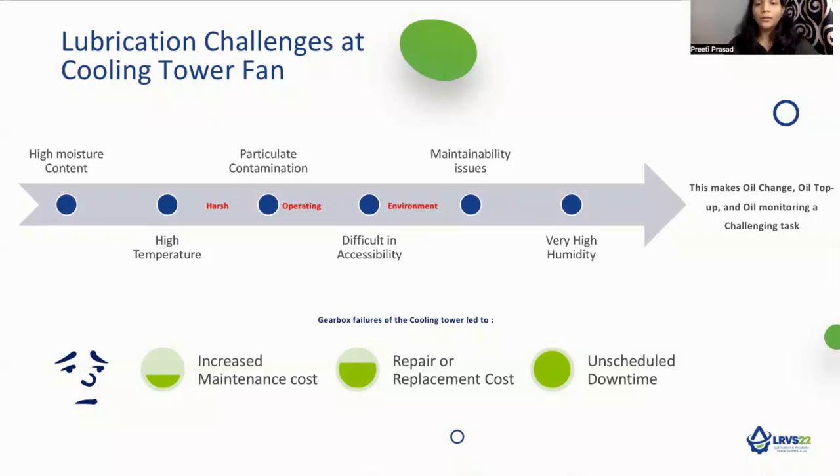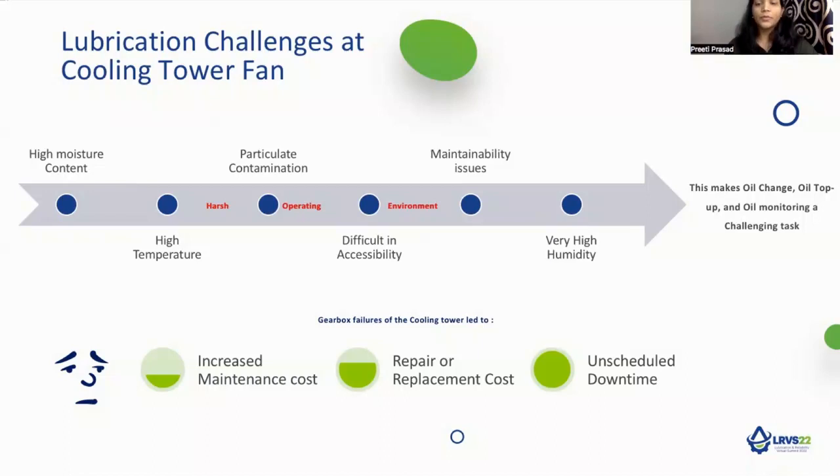But on top of all these challenges, the most difficult is accessibility, because the whole lubrication component is under the fan hood, which makes it very difficult to access. Maintaining it becomes difficult because of that. So particle, moisture, temperature, accessibility, maintainability, these are the top challenges the lubrication of a cooling tower has to face.